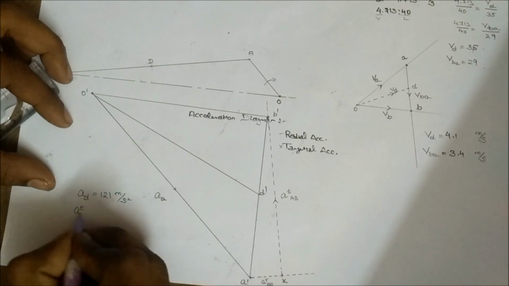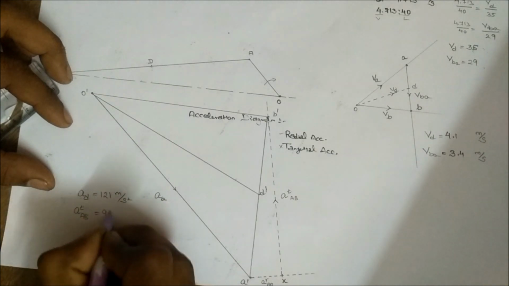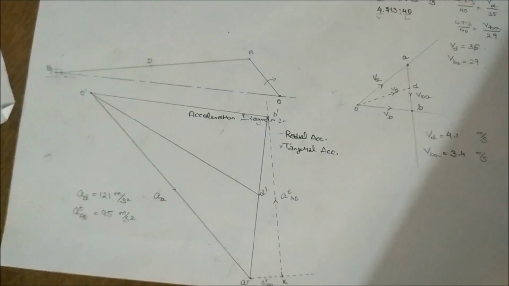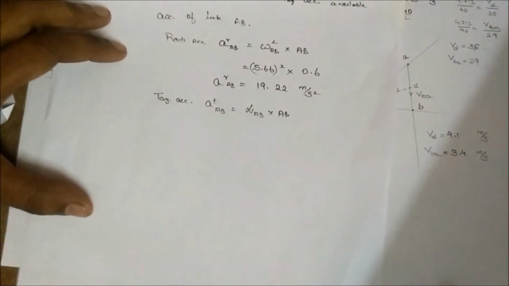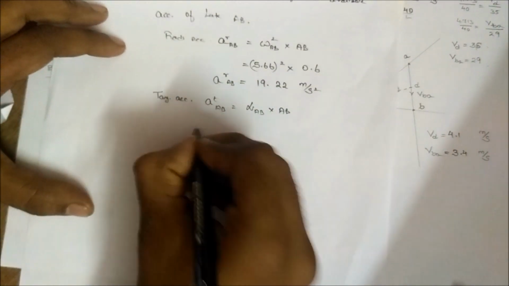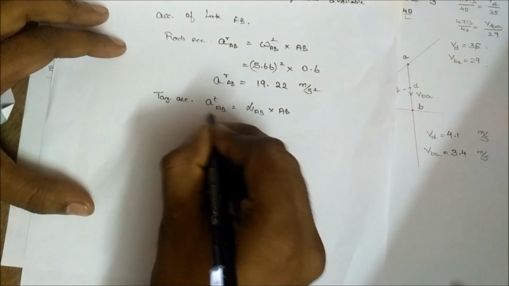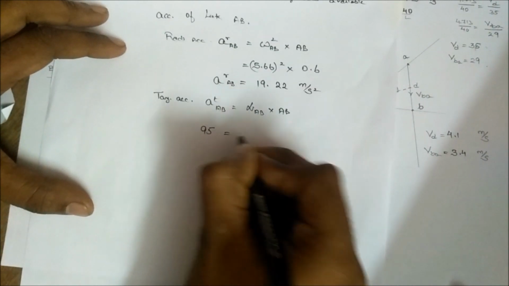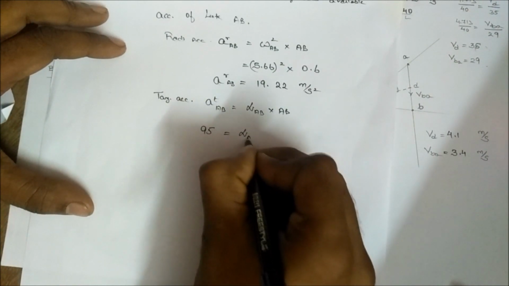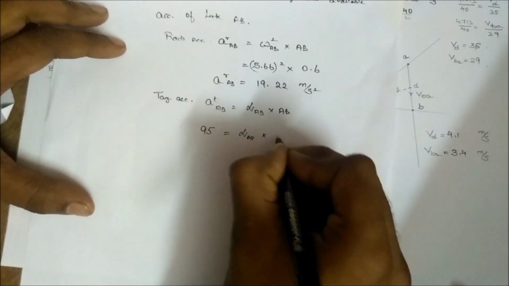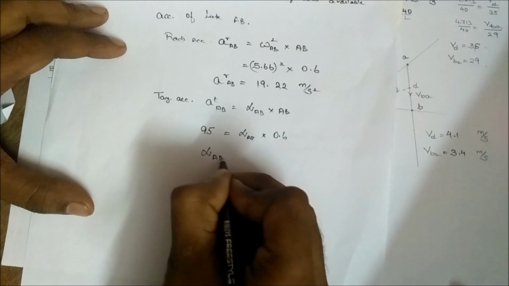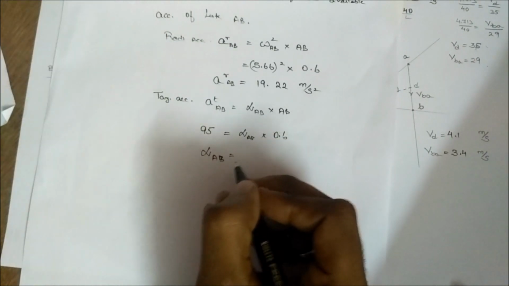AT of AB is 95 meter per second square. Now we know the tangential acceleration, which is 95 meter per second square, and alpha AB into AB value is 0.6. So we will calculate what is the angular acceleration.